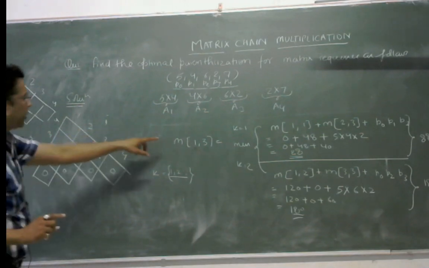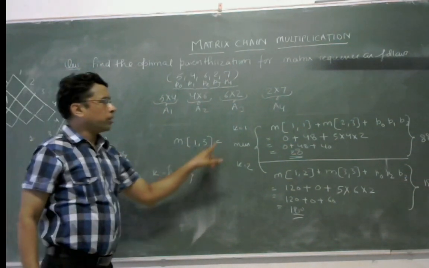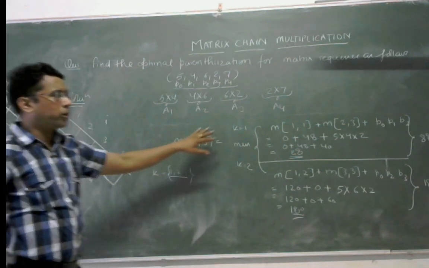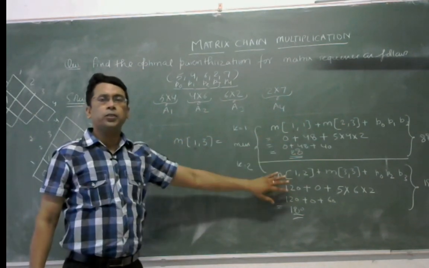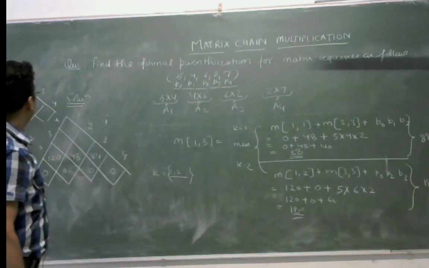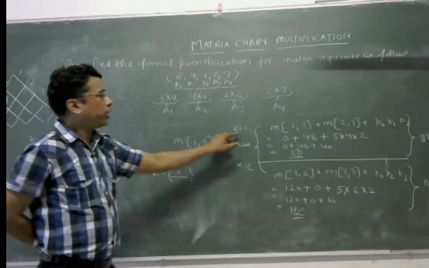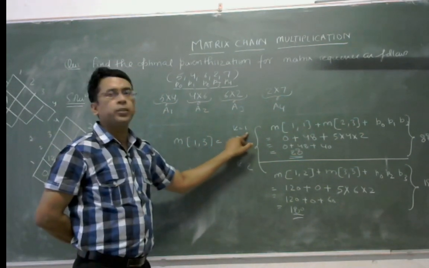For m13 we are getting the minimum value at k equal to 1, so I have filled this value in the second matrix by value 1.